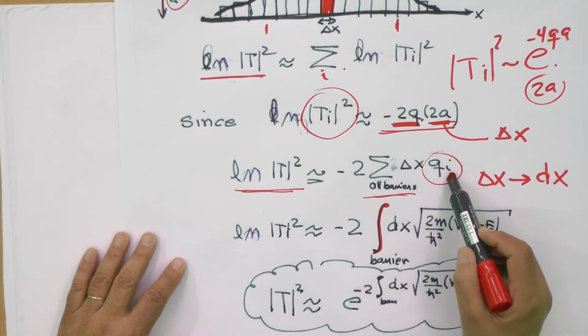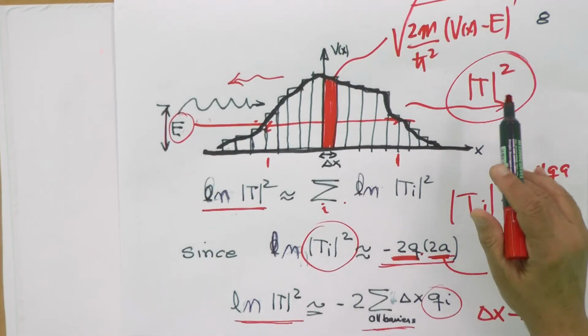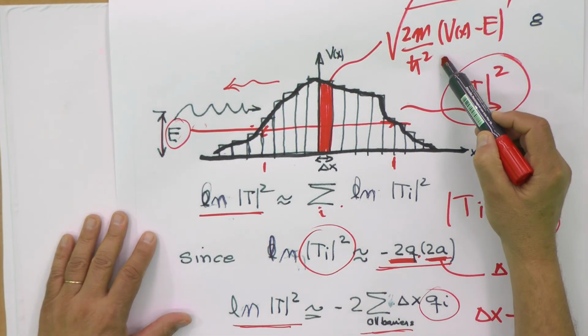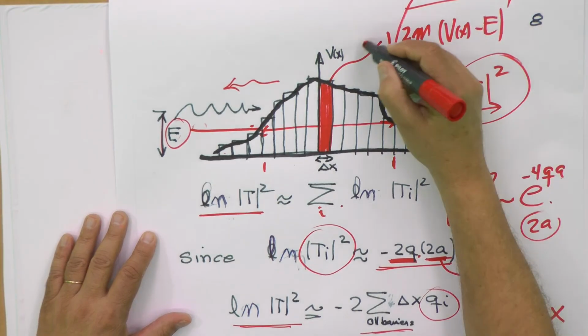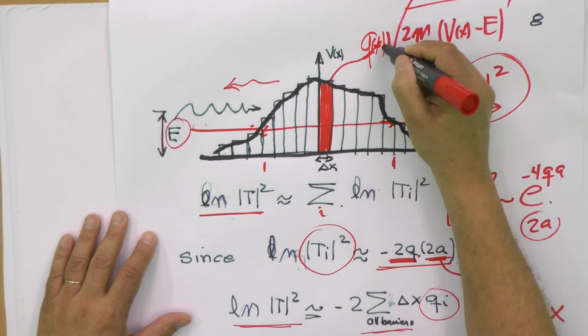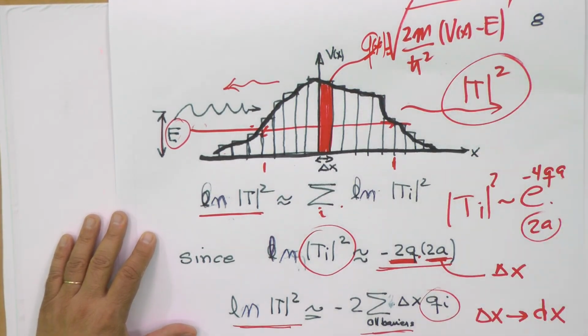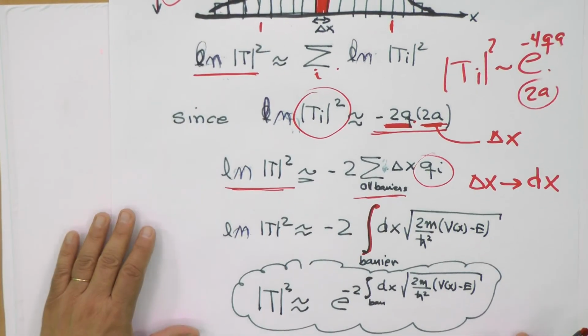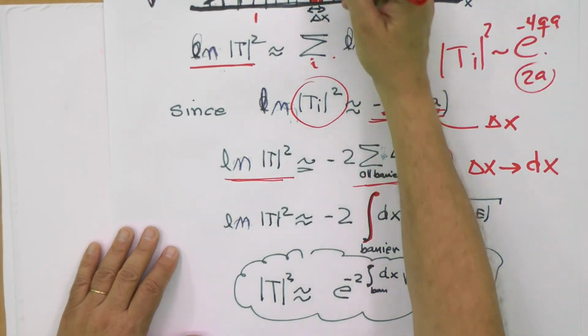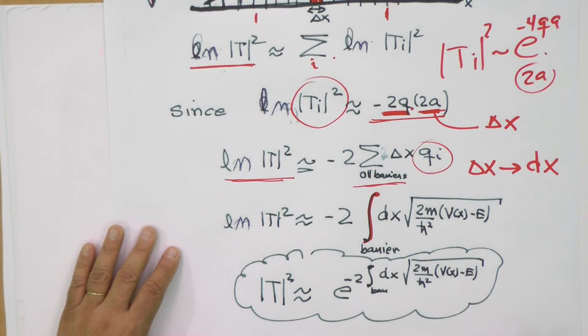And then when I put here the value of Q, that's Q of X, because it's the value of Q that I calculated for each individual rectangular barrier that makes the potential.